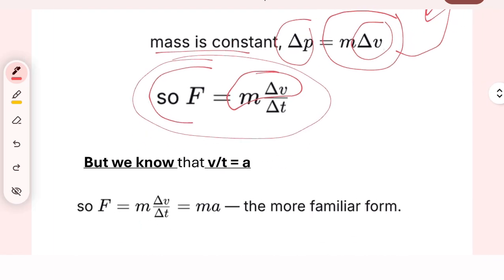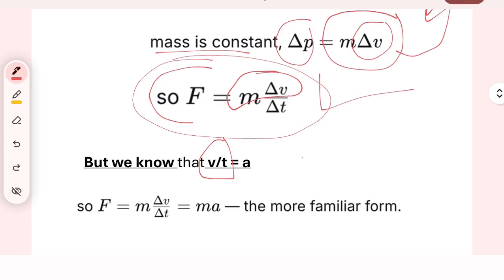But we know that velocity over time is actually equal to acceleration. Here we have change of velocity over change of time, which is an acceleration. We know that formula already: acceleration is velocity over time.